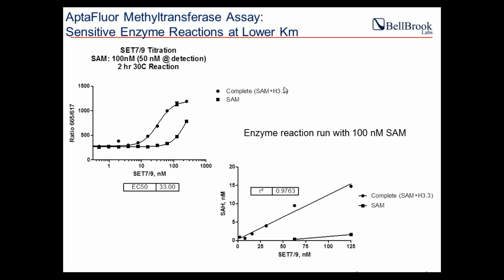But all this was done in the presence of the histone protein, so you're mimicking the enzyme reactions, and then we used that to interpolate the data. So you can go back and find out exactly how much SAH is produced when you use about 50 nanomolar or 25 nanomolar SET7.